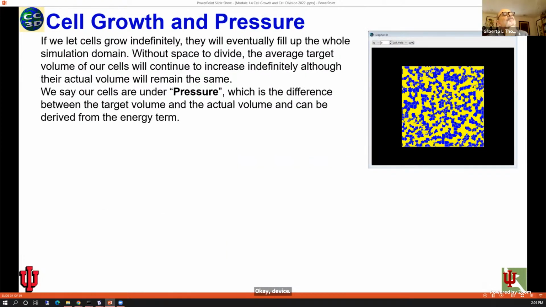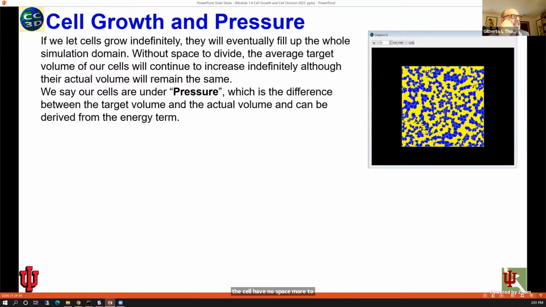Now, see, the images show that the grid, the domain, is completely full with the cells, okay? So that will happen in any of your simulations today if you don't stop it. Because after reaching the borders, the cells have no more space to divide.